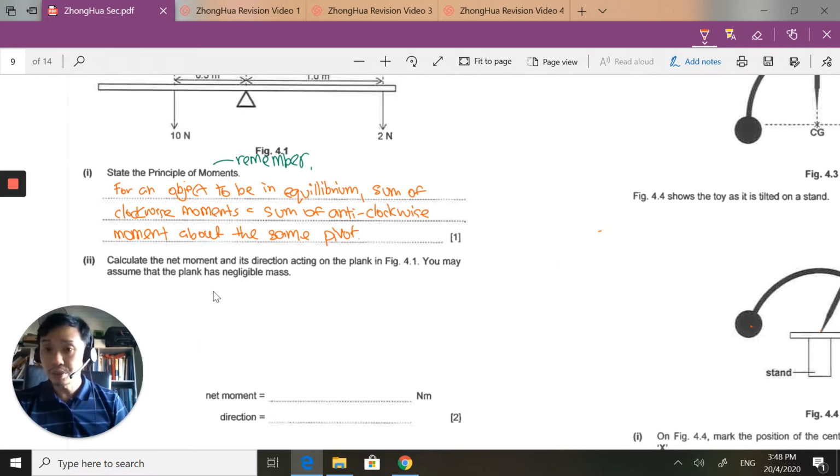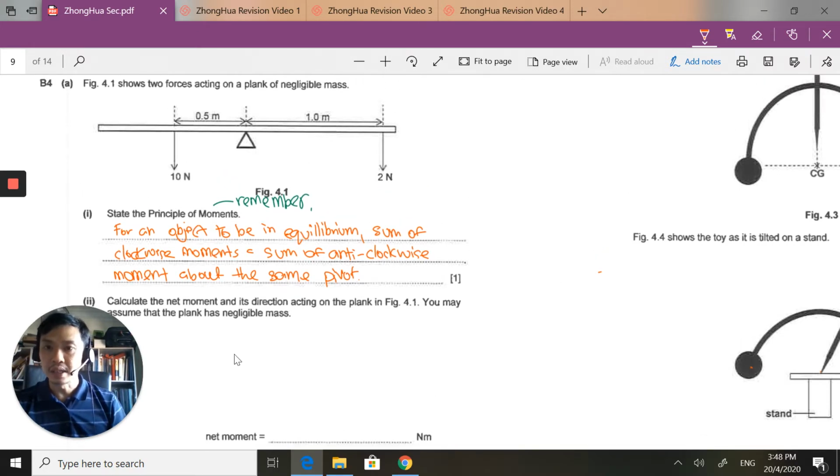Next, they want you to calculate the net moment and its direction acting on a plank. You may assume that the plank has negligible mass. All right, so the net moment. Let's calculate my anti-clockwise moment first. So this will create an anti-clockwise moment.